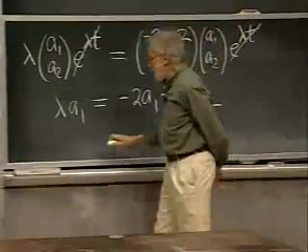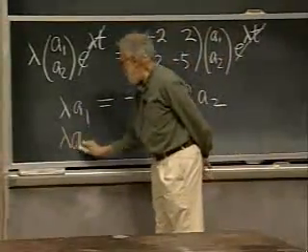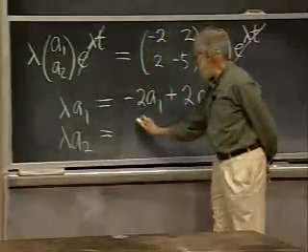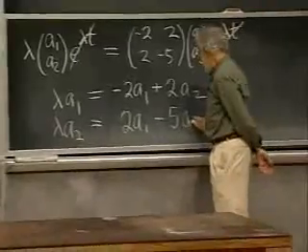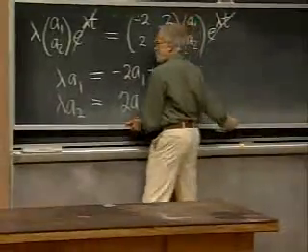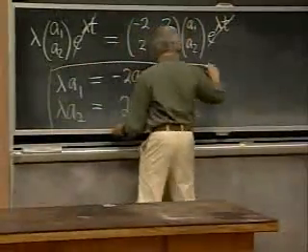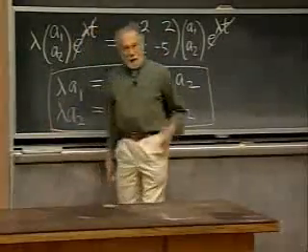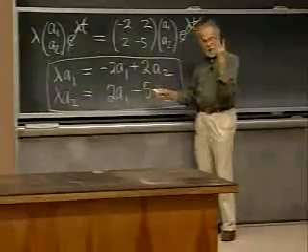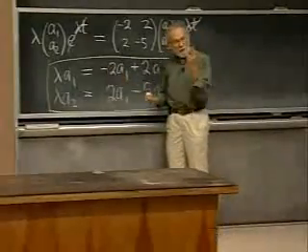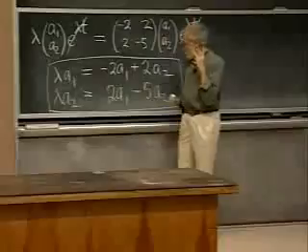The other one says lambda a2 is equal to 2a1 minus 5a2. Now, purely if you want to classify that, that's two equations in three variables, three unknowns. The a1, a2, and lambda are all unknown.